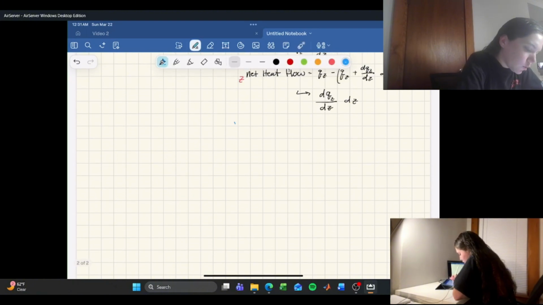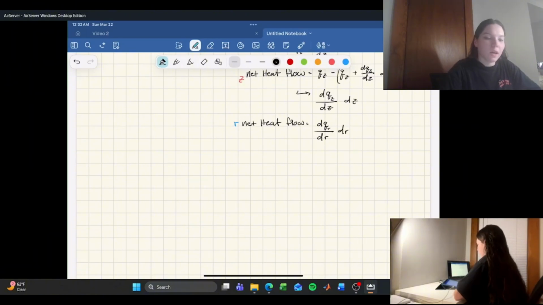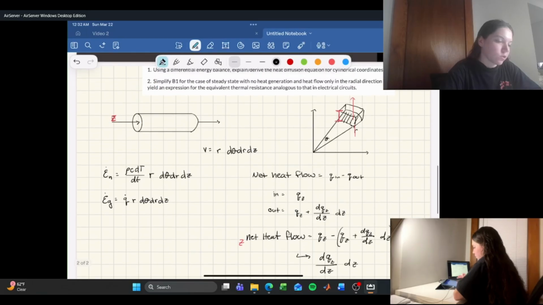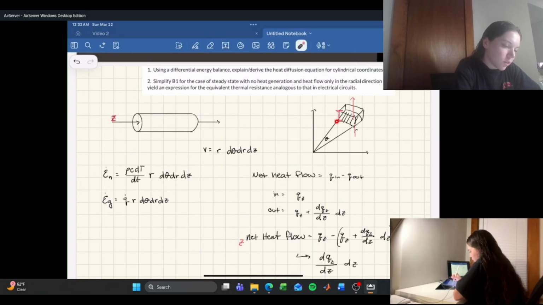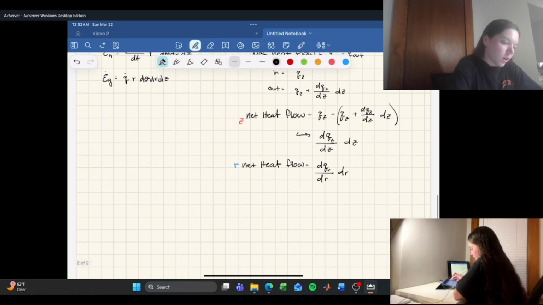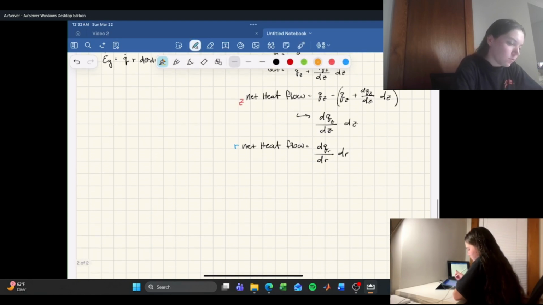So I'll just do blue. And this will be the change in heat flow on the radius over the change in the radius times dr. And then theta is also changing. So that's this arc and this arc. So again, I'll make it orange.